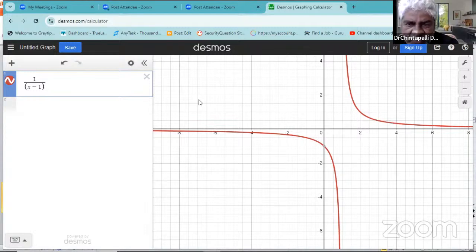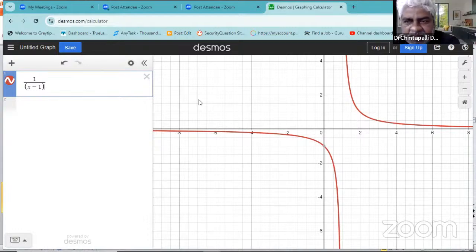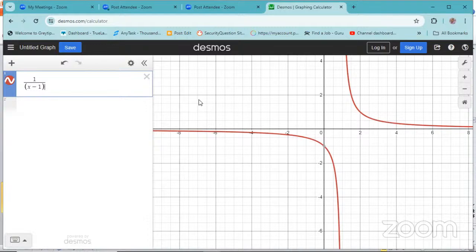For x equal to 1, there is no y value. Instead of that, it draws something, some line, but there is no y value for x equal to 1.